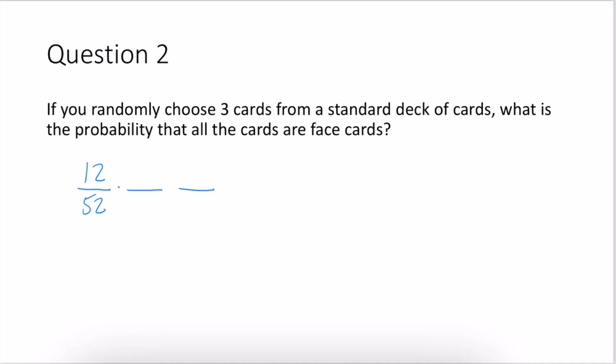But if I'm not putting that card back into the deck, that means the likelihood that the next card is a face card is going to be 11 out of 51, because I already have one of the face cards withdrawn from the deck of cards. Then the likelihood that the third card is a face card is 10 out of 50.